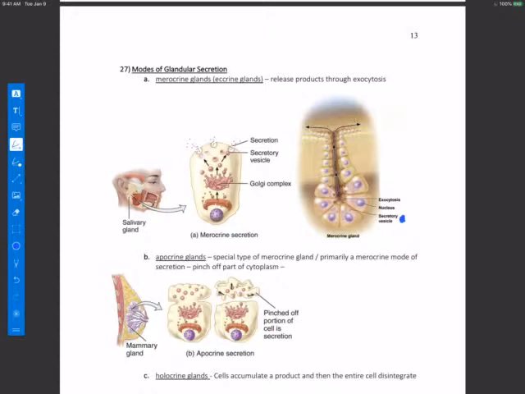In this example, the cell makes a little pinch right here, and it ends up pinching off a part of the cytoplasm that holds the product the gland is producing. This is what happens with a mammary gland. It's a special mode of secretion that we see with breast milk.